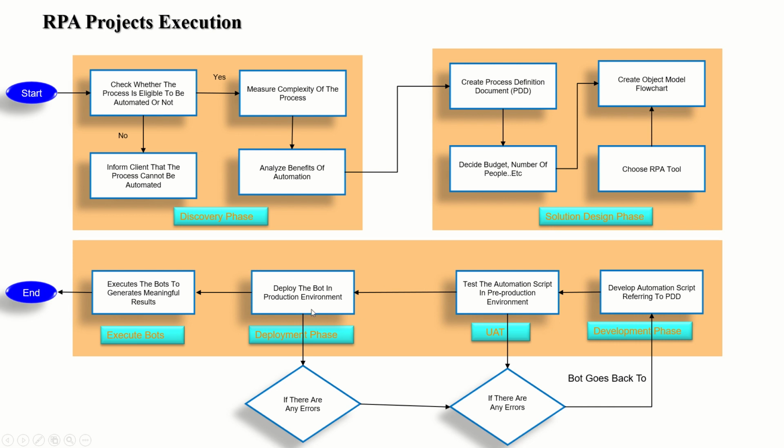In production also we check, and if there are any errors, it goes back to the development phase. If the UAT sign-off and deployment are done, then you execute the bot to generate meaningful results, and then the process ends. So this is how we need to execute the project.